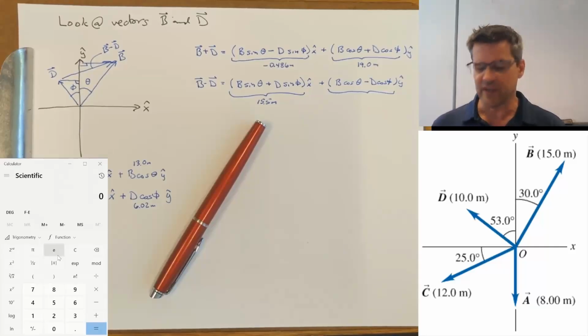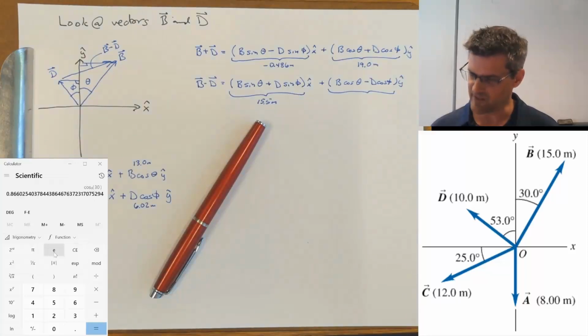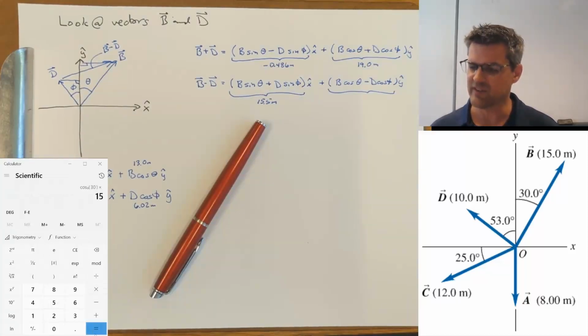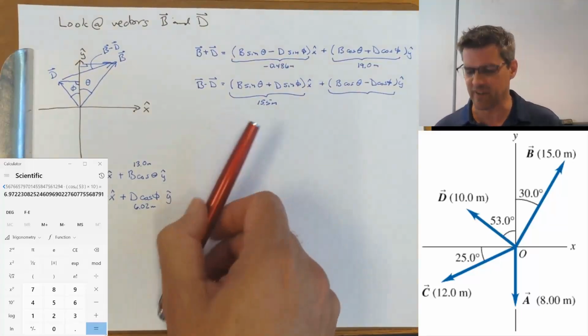Over here on the right, we have B cosine of theta, so 30 cosine times 15 minus 53 cosine times 10 is 6.97.